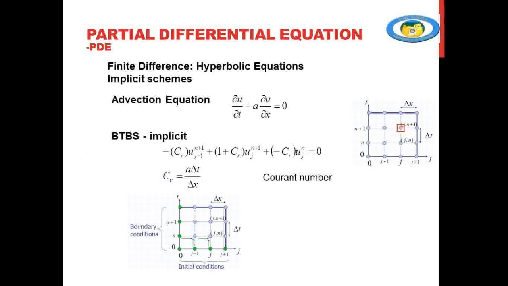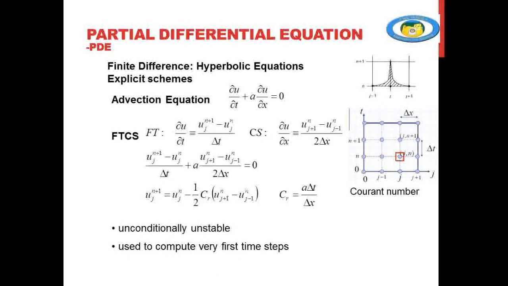To be specific, u j at n plus 1's time is going to be the average of u j at n plus u j minus 1 at n plus 1. It's going to be the average of the two for the backward time and backward space, actually, when the Courant number is 1.